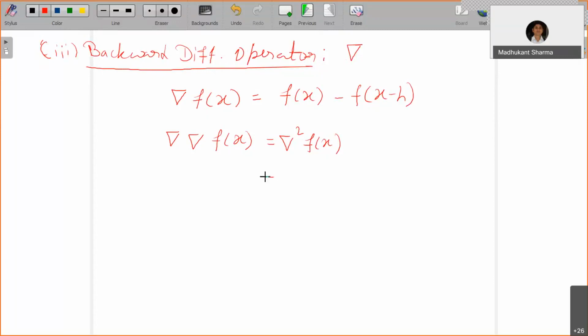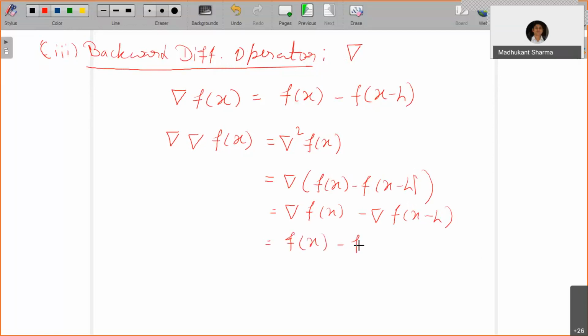Then use the linearity. If you apply delta on f of x minus f of x minus h, use the definition. So this is equal to f of x minus f of x minus h, minus f of x minus h minus f of x minus 2h.